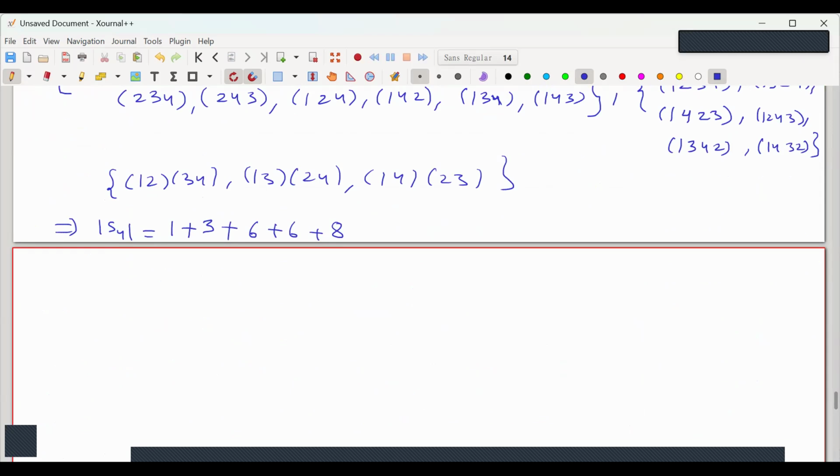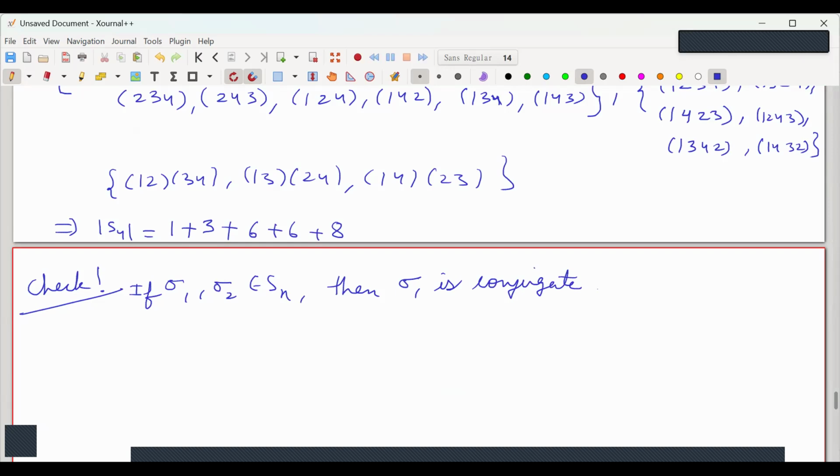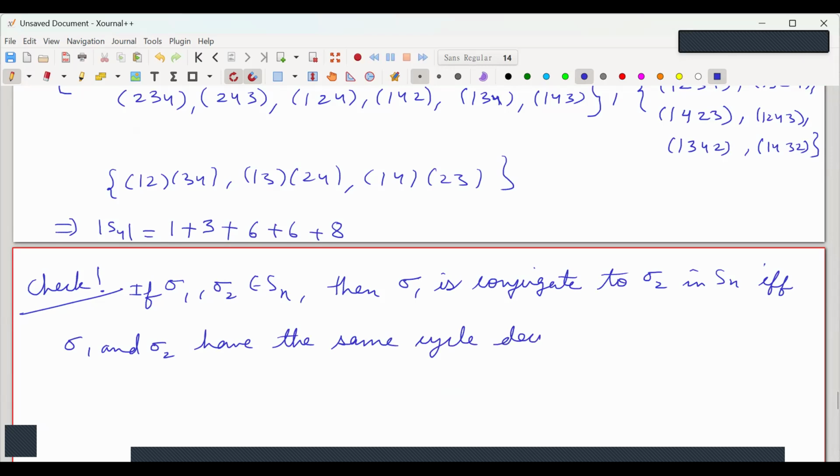Now, I leave it to you. Check that if sigma 1 and sigma 2 belong to Sn for any n, then sigma 1 is conjugate to sigma 2 in Sn if and only if sigma 1 and sigma 2 have the same cycle decomposition type.